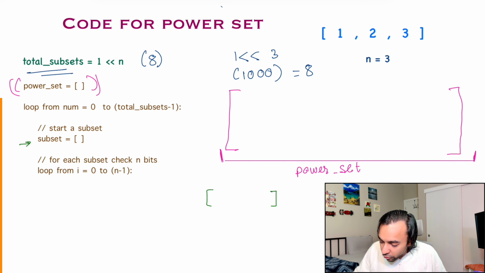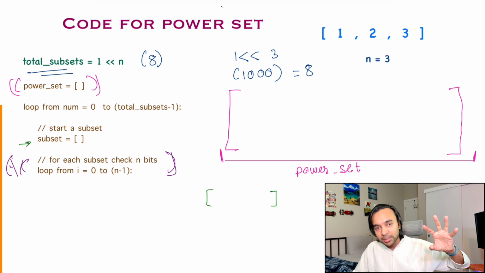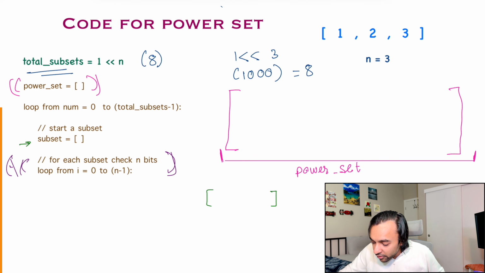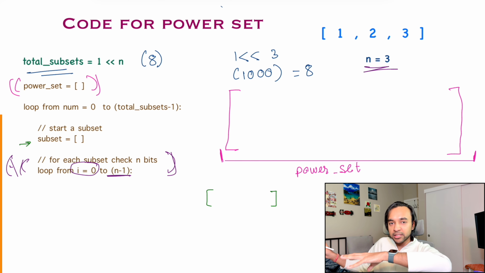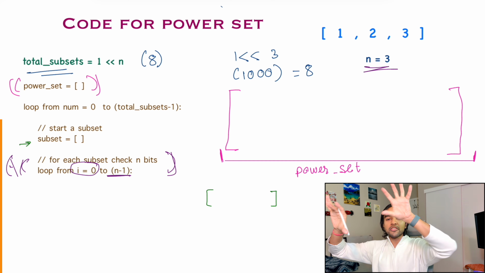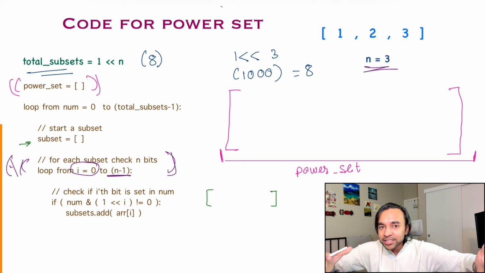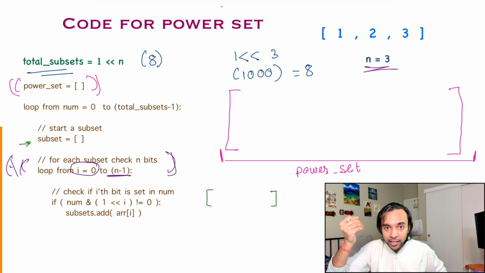I am gonna start a for loop, and this loop will check each of the bits for every subset. And how many bits do I have? I have a total of 3 bits. So I will start my loop from 0 and I go all the way up to n minus 1. That means 0, 1 and 2. I check the 0th bit, I check the first bit, and I check the second bit. And if any of these bits are set, I need to pick up that value, correct?